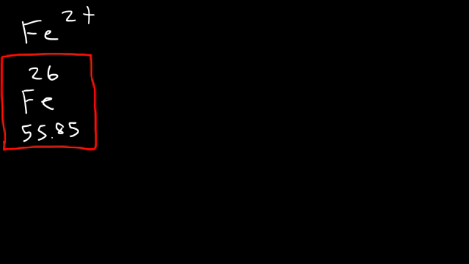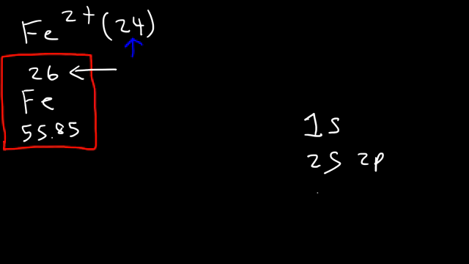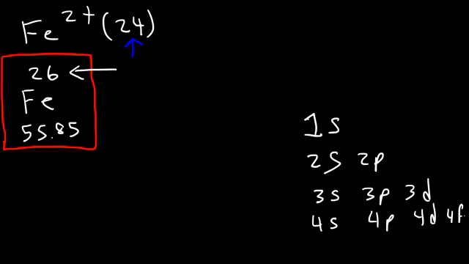Because the charge is plus 2, that means the atom lost 2 electrons. So the Fe2+ ion has 24 electrons. It has 2 less than this number. So we're going to write the electron configuration based on the number 24. Let's make our list again: 1s, 2s, 2p, 3s, 3p, 3d, 4s, 4p, 4d, 4f.